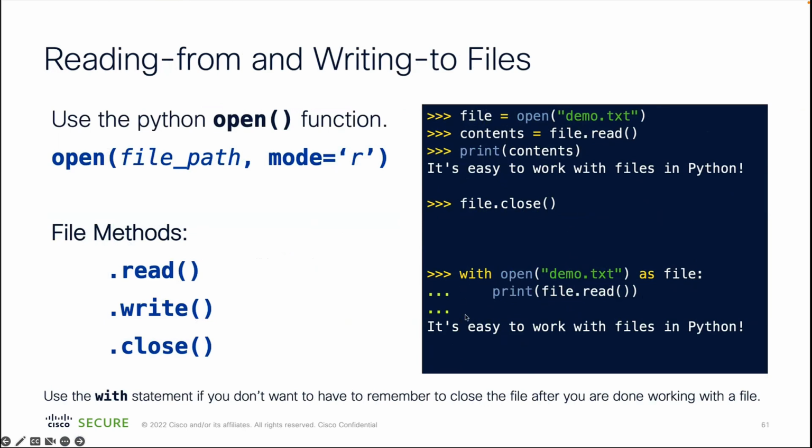And then when we, by indentation, break out of the structure, this file will be closed automatically, right? But that file variable is not going to be accessible from outside of the with statement.